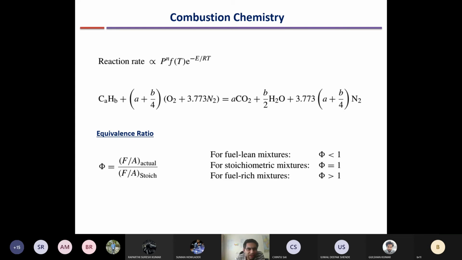It's also a function of pressure, as shown here, and a function of temperature. Depending on the temperature, your reaction rate will be higher, and you already know this equation, the typical reaction equation for hydrocarbons.